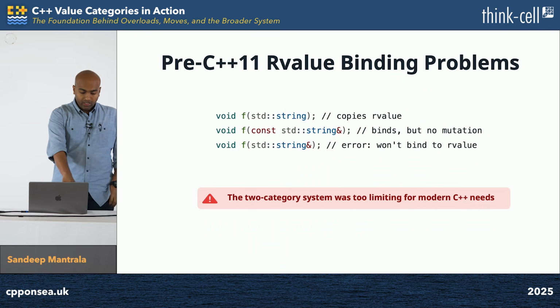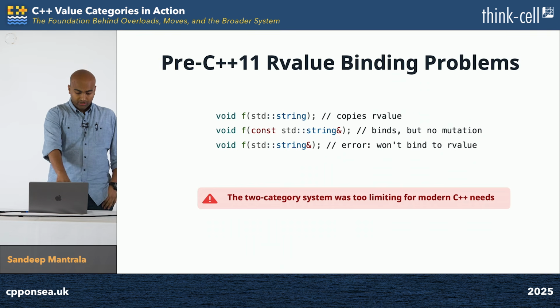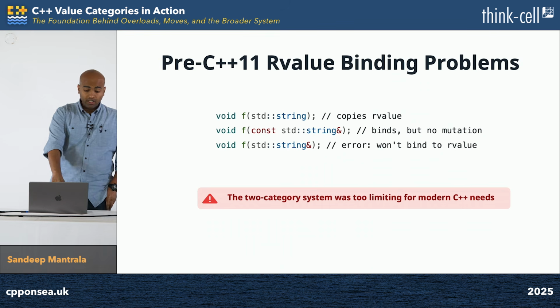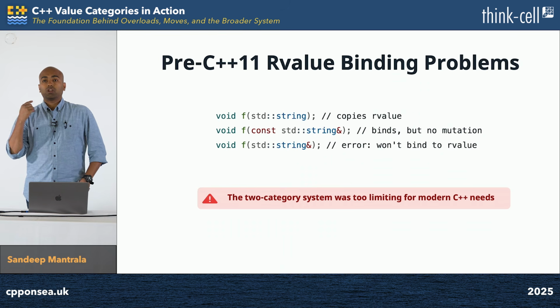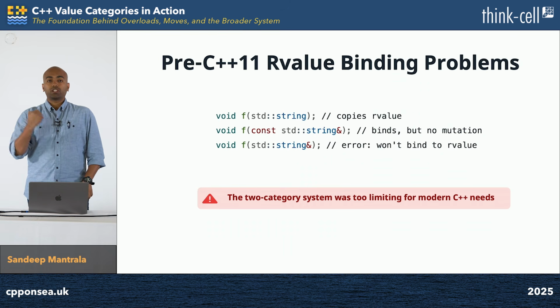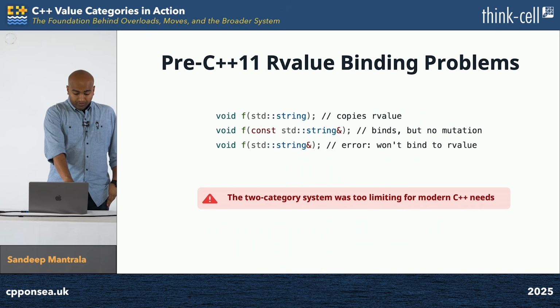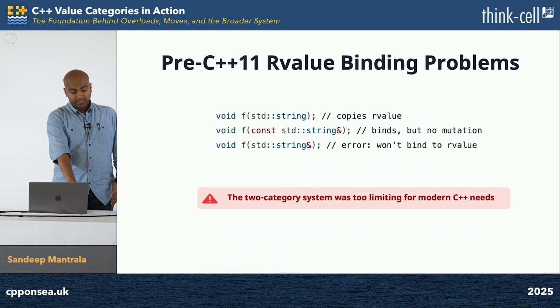So we had std::string, which just copies the values. We have a const lvalue reference here. It binds to rvalues, but you are not able to mutate them, in the sense that if you want to steal the resources from these rvalues, you're not able to do it. And if you try something like std::string&, which is an lvalue reference, it would not bind to rvalues.